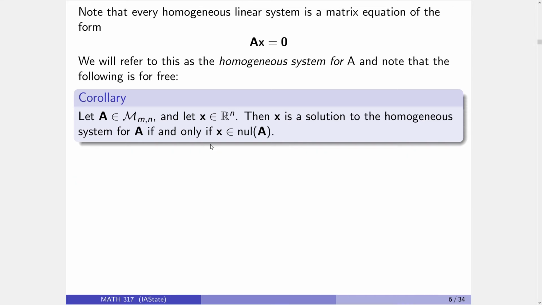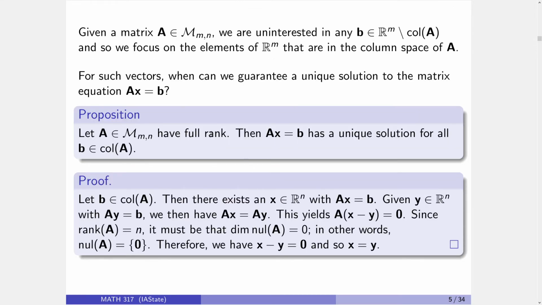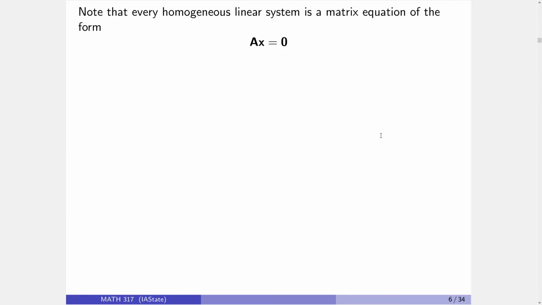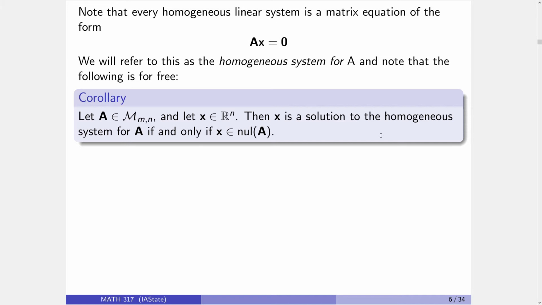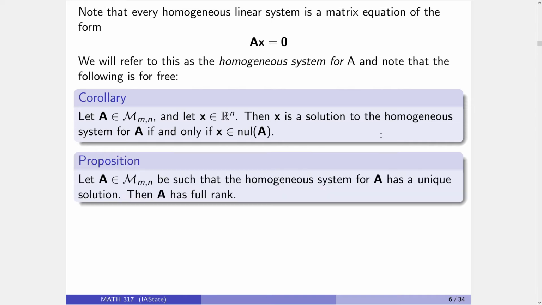We're looking for the converse of this: if you have full rank, then you have unique solutions. So we want to prove that unique solutions will guarantee full rank, giving us a complete characterization of when unique solutions happen, only when the matrix has full rank. First we're going to take care of the homogeneous case, and then we'll bootstrap this up to any matrix equation.